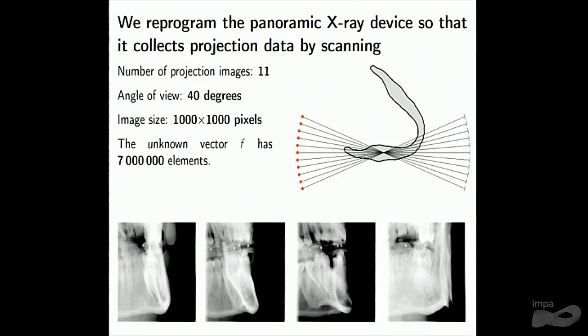And we have 11 pictures of 1 megapixel. So we have 11 million data, 11 million linear equations concerning 7 million unknowns. In principle, it's just a Sudoku like we saw then, but much bigger. And also it has the limited angle difficulty.